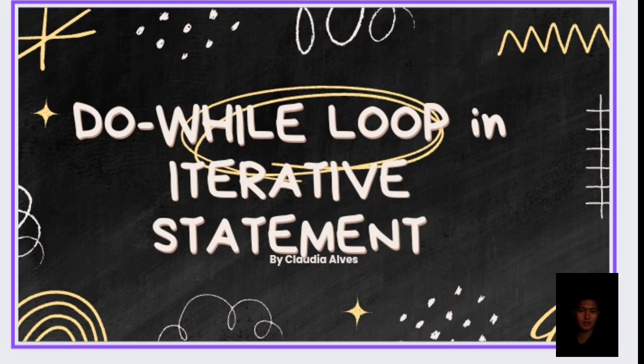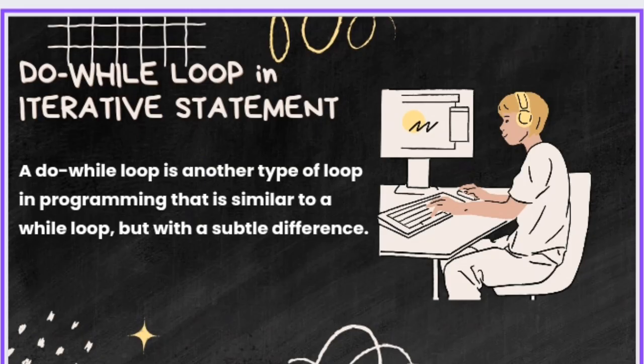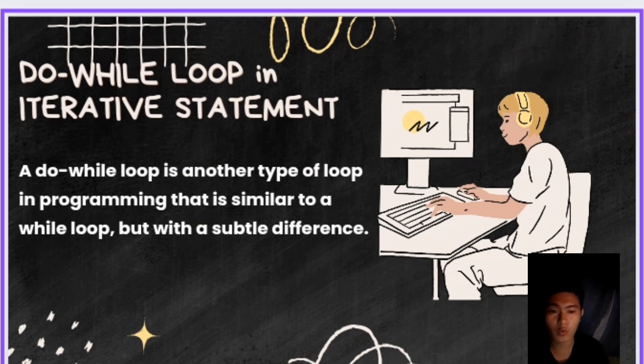So the next loop is the do while loop in iterative statements. So let's go. A do while loop is an iterative control structure in programming that is similar to a while loop, but with a key difference: the code block is executed at least once before checking the loop's exit condition.